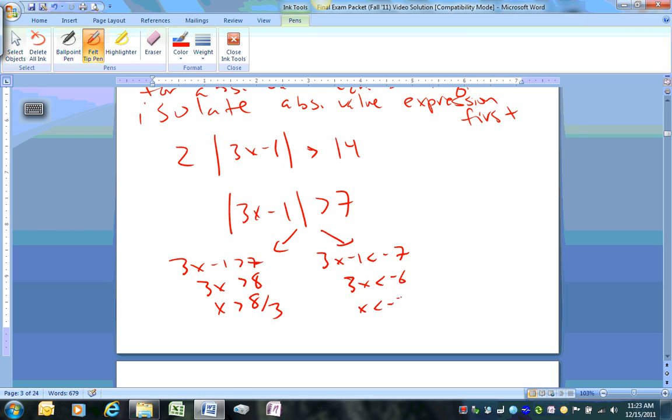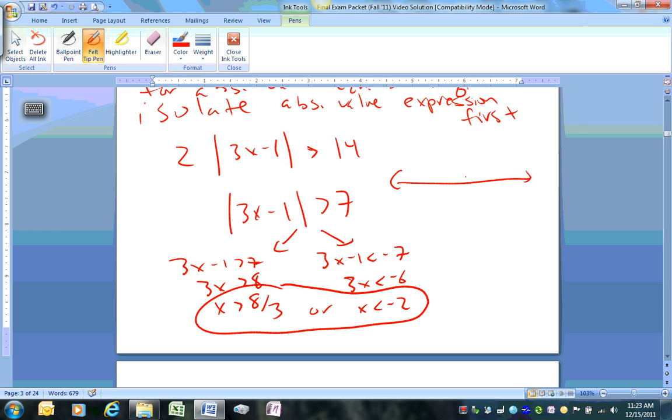X is less than -2. And because we're going opposite directions, we use the word or in this case. So here is -2. Here is 8/3. Open, open. And we shade in the opposite directions.